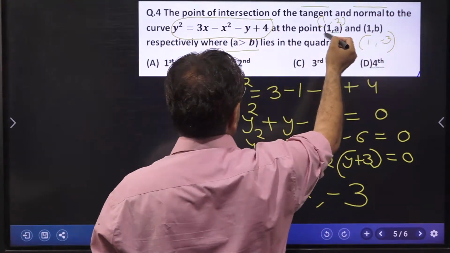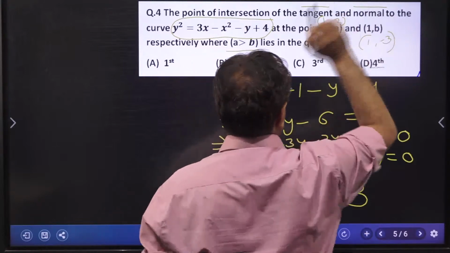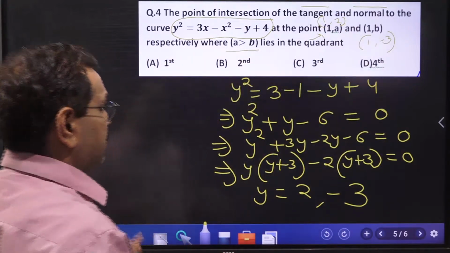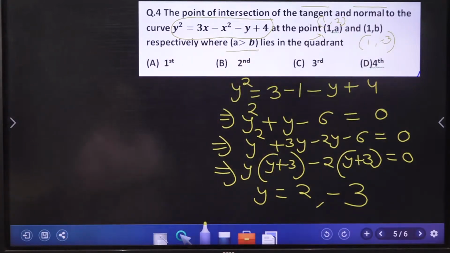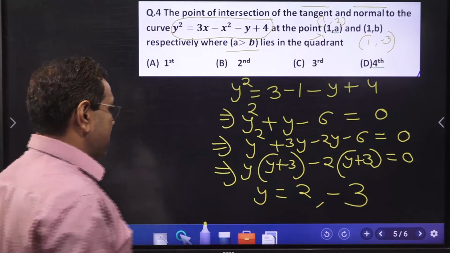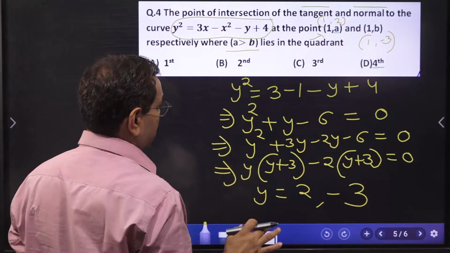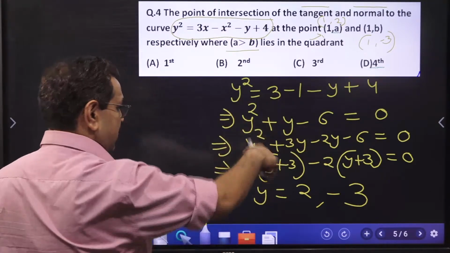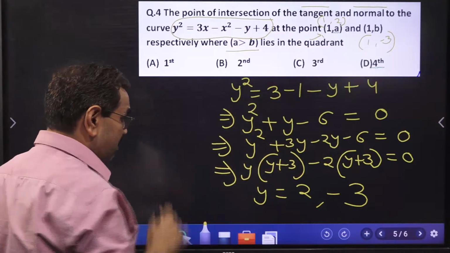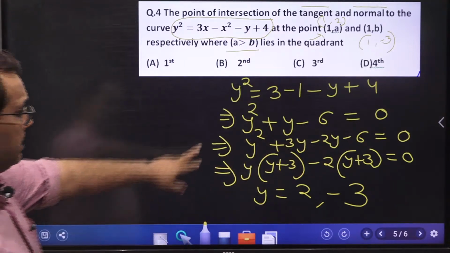So tangent at this point and normal at this point we have to draw, and then we have to find the intersection point of the tangent and normal. So now let us try to calculate the equation of tangent as well as normal. This calculation I hope is clear to everyone. So we can delete this now.